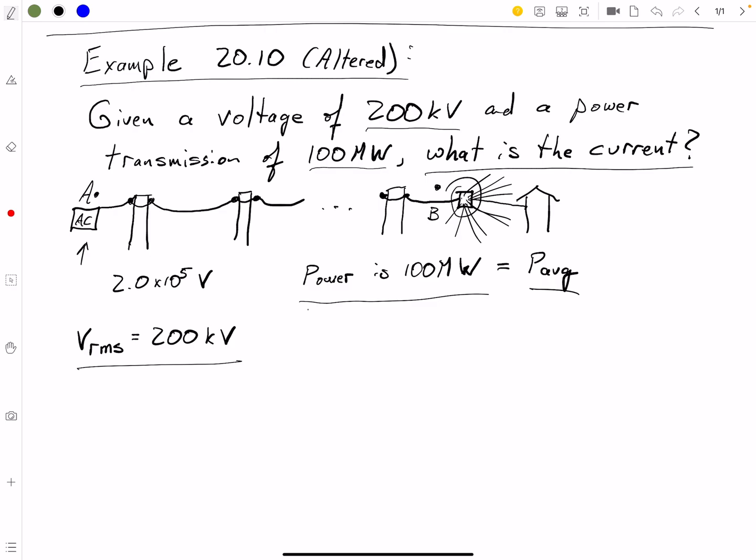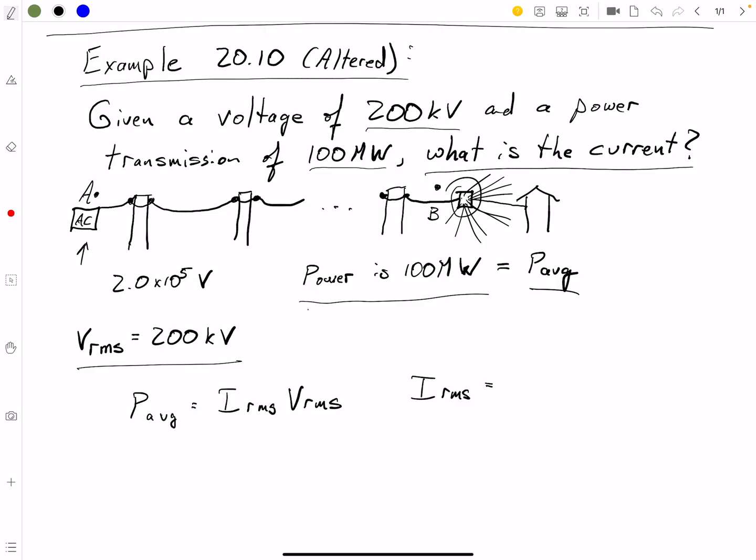Great. So what is our current in this situation? Well, that's pretty easy. We've got our P average is equal to IRMS times VRMS, and we can solve for IRMS pretty easily.